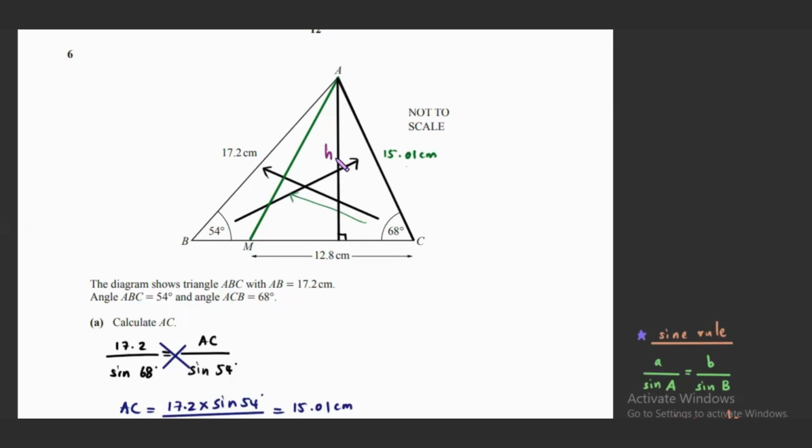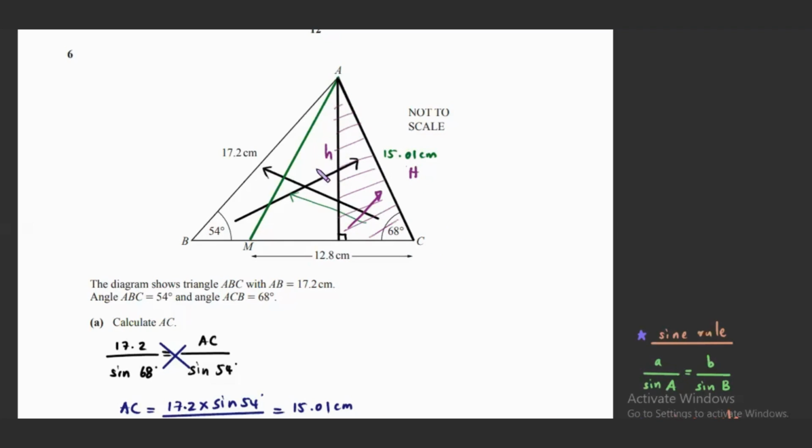Now, to calculate this height, I'm going to make use of this triangle that we have here. So in this triangle, we have a 90-degree angle. This angle is 68 degrees. One side is known to us, that is 15.01. This 15.01 is the hypotenuse for this triangle.